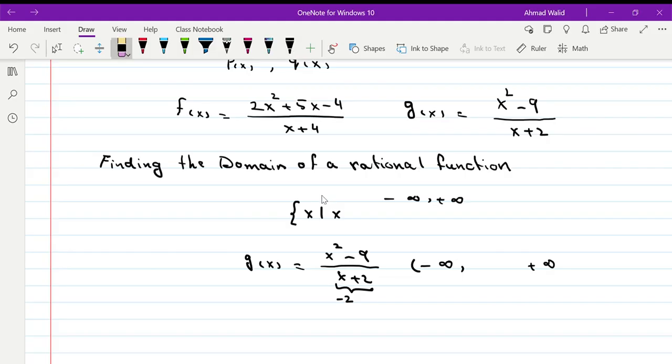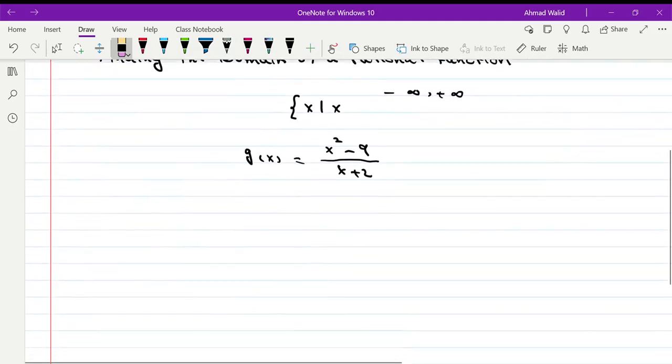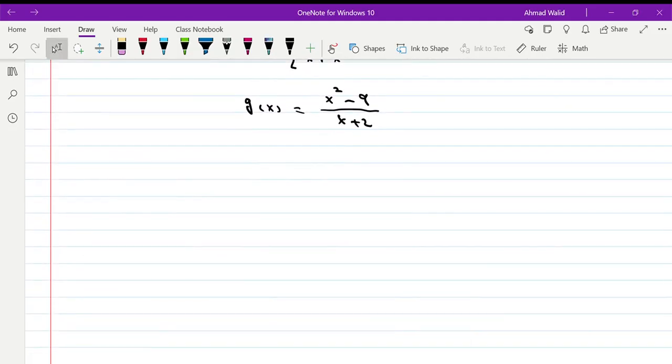Then, how to write now the domain of a rational function and how to find the domain of a rational function? Because here, denominator was very easy. I just put a -2, and you saw that, oh, -2 changes the denominator to 0. That's why that's not in the domain. But there are functions that denominator is kind of complicated. How to find the domain of those rational functions?